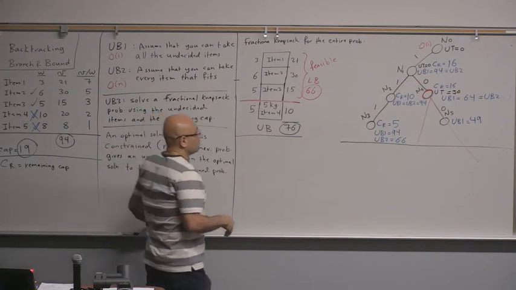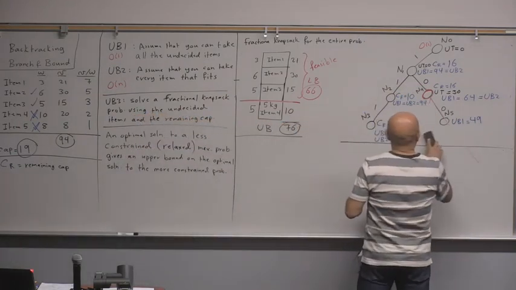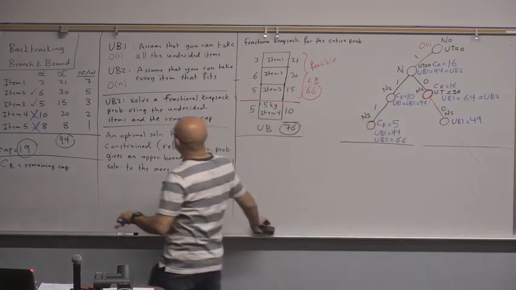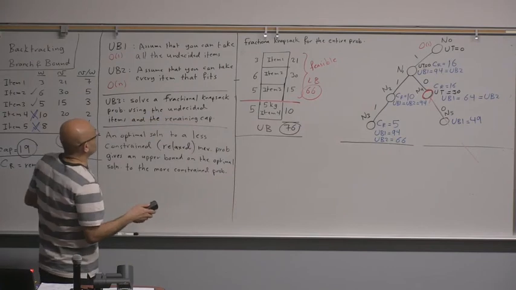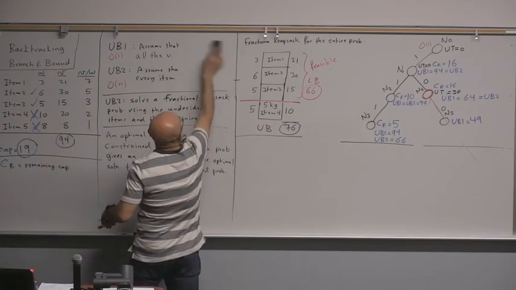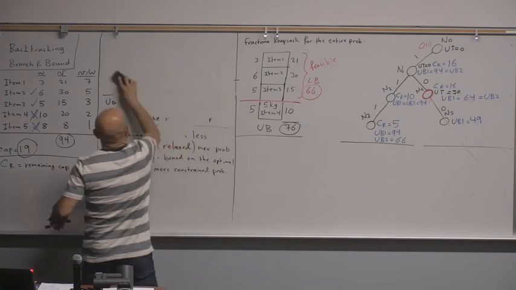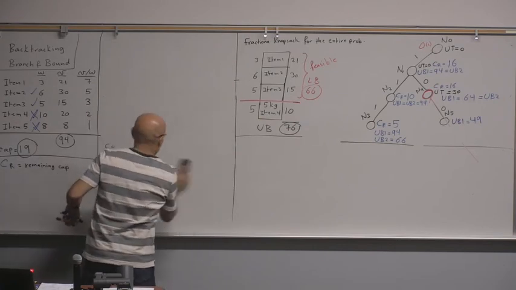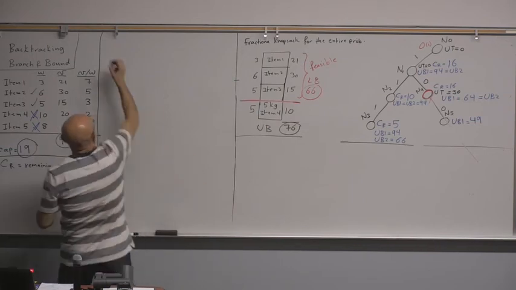Now, during the search, let's calculate an upper bound, upper bound 3, let's say at node 1.